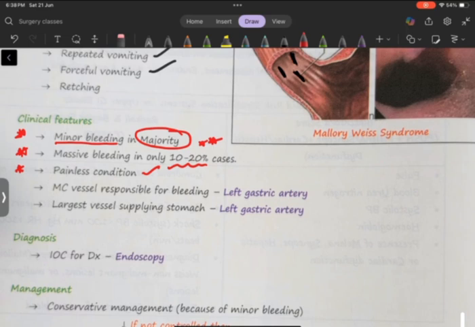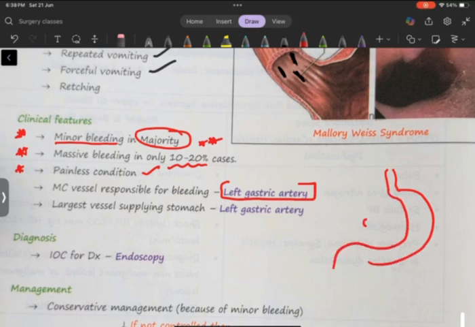And what is the most common vessel responsible for bleeding? That is the left gastric artery. Why is the left gastric artery most common? Because, as we studied while studying the liver, the celiac trunk gives off three main arteries. One runs along the lesser curvature of the stomach, the left gastric artery.